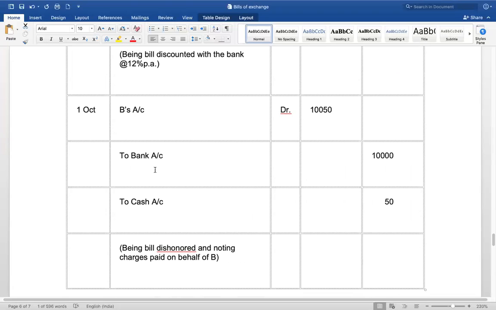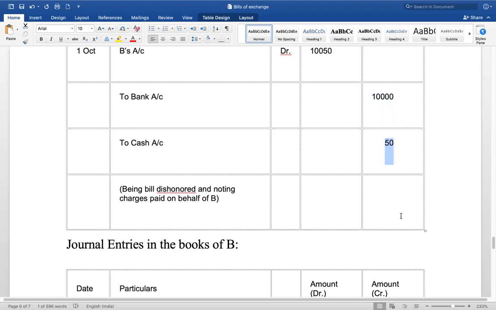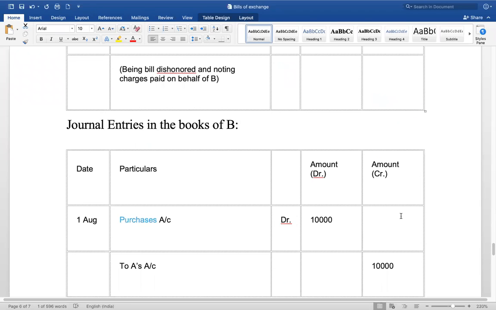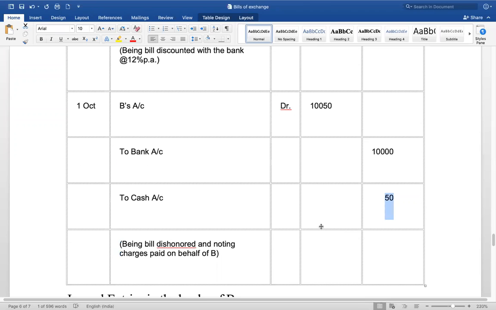But that bill is dishonored. B's account debit 10,050 to bank account 10,000 to cash account 50. The banker is supposed to receive 10,000. He did not receive. Reverse the entry. And on top of it, you have paid 50 rupees. That is also credited. All right, this is all about A's account.